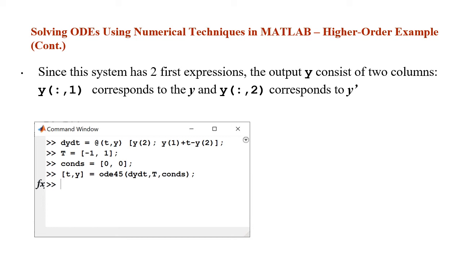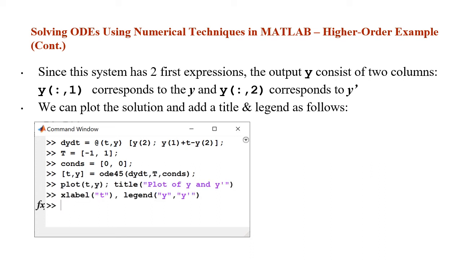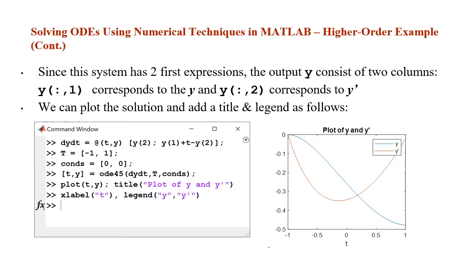But we're only interested in the first column in the solution, because that is the solution for y itself, which we want to find in the first place. To plot the solution, we can either plot everything and add a legend to describe them. So we can say plot(t,y), but since y has two columns, the result will be two plots superimposed on top of each other.